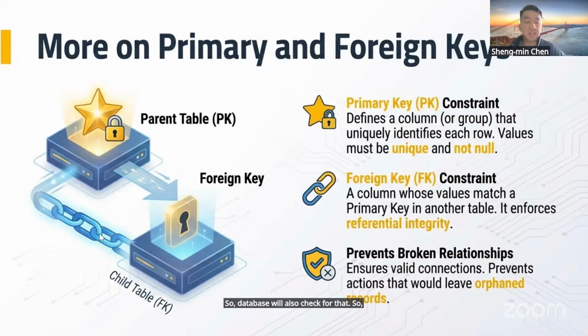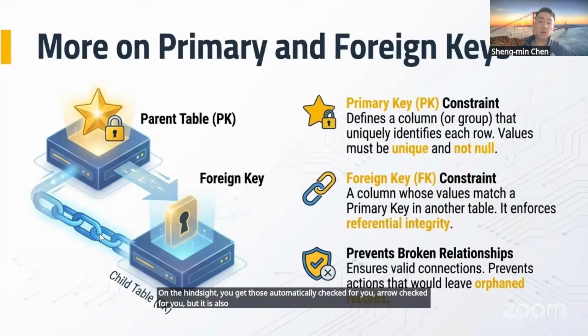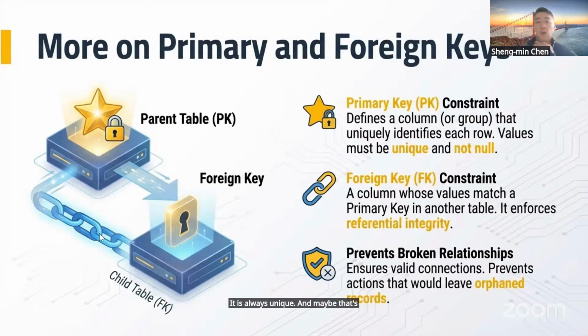So in hindsight, you get those automatically error checked for you, but it is also the constraint. Now you need to make sure that it is always unique. And maybe that's how you always want it. So there is this very good balance, and you must understand when you have these constraints, right? The table doesn't necessarily immediately have a primary key constraint.